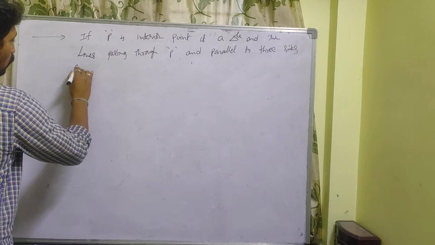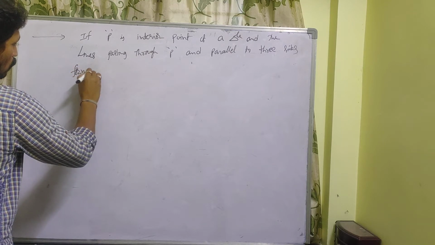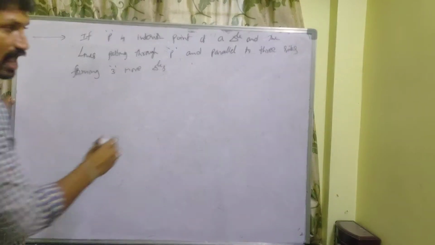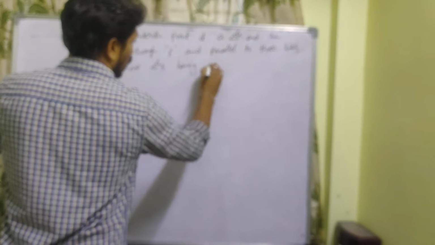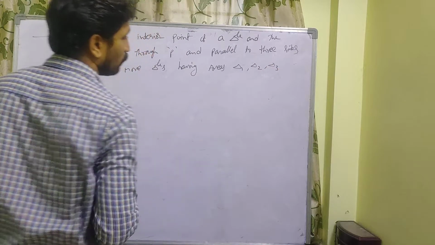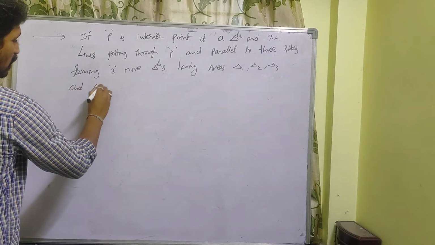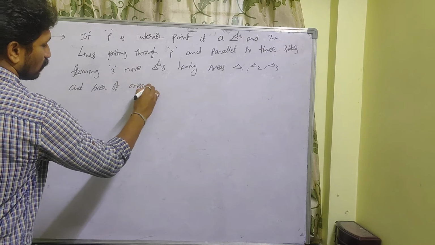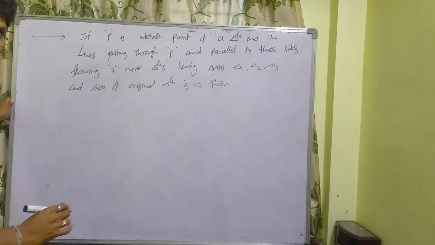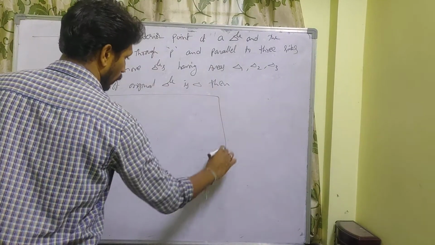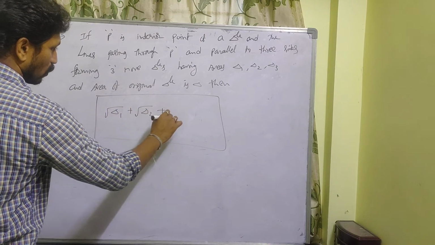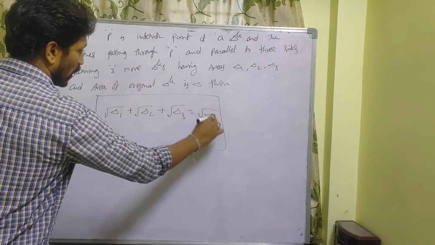forming three more triangles having areas, if you denote with delta 1, delta 2, delta 3, and the area of the original triangle is delta, then this is a very important formula: root delta 1 plus root delta 2 plus root delta 3 is equal to root delta.